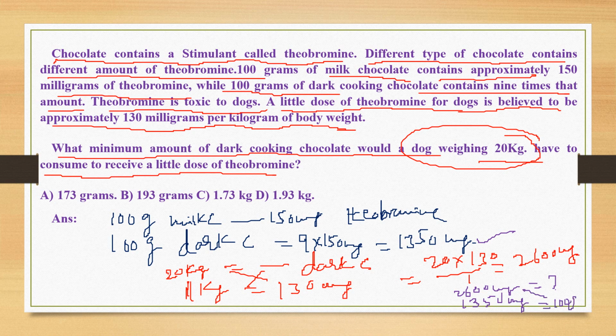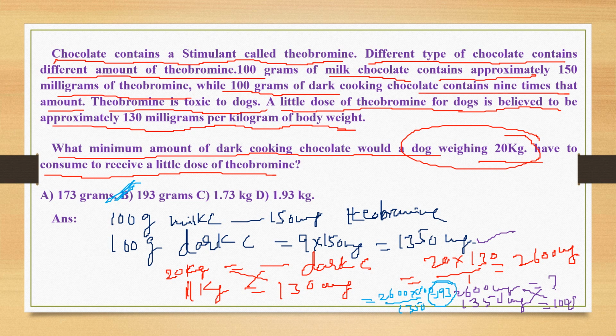So for 2600, you will get 2600 into 100 divided by 1350. So finally you will get approximately 193. So yes, exactly it is there.